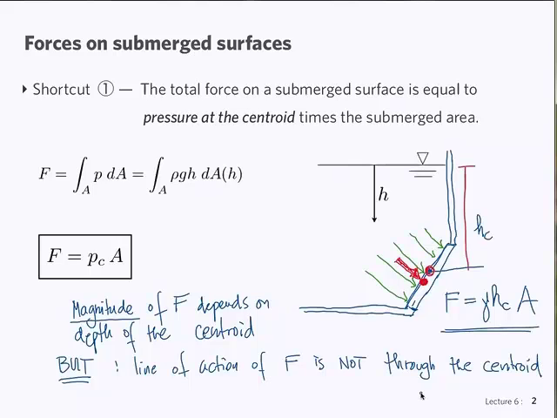It is through what we call the center of pressure. You should have been introduced to that term last lecture. The center of pressure is basically the point of action of the resultant of the pressure force. It's a definition, okay? So the important thing is not to be confused by the fact that the magnitude of F does depend on the depth of the centroid. The line of action is somewhere else.